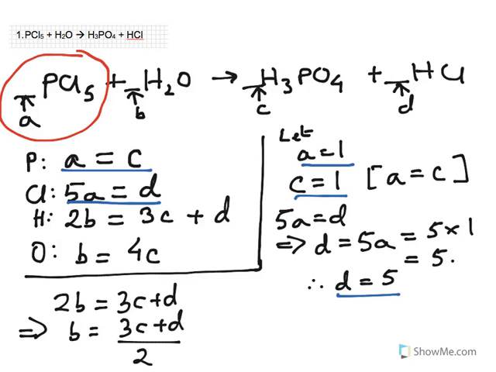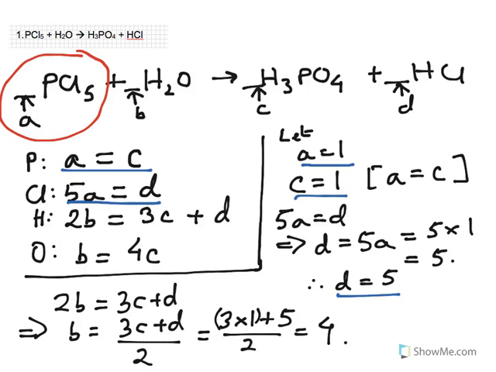Since we know that C is equal to 1 and D is equal to 5, we can plug that into this equation to get B equal to 3 times 1 plus 5 over 2. That would give us a total of 4.